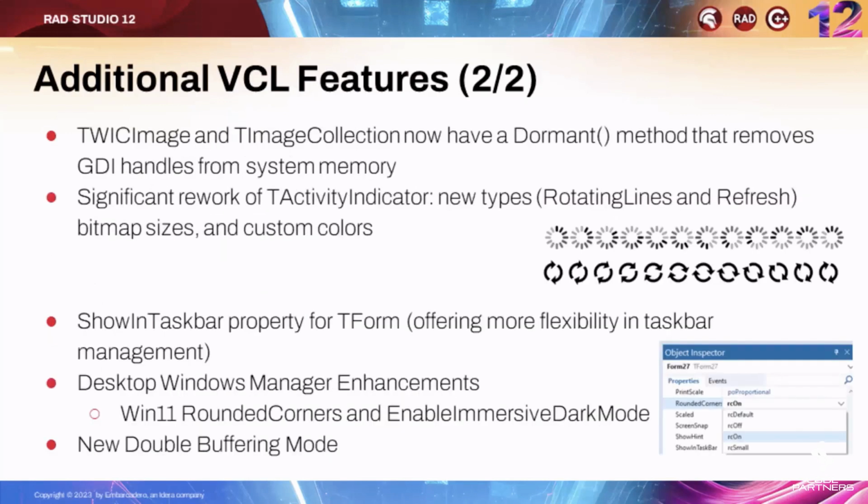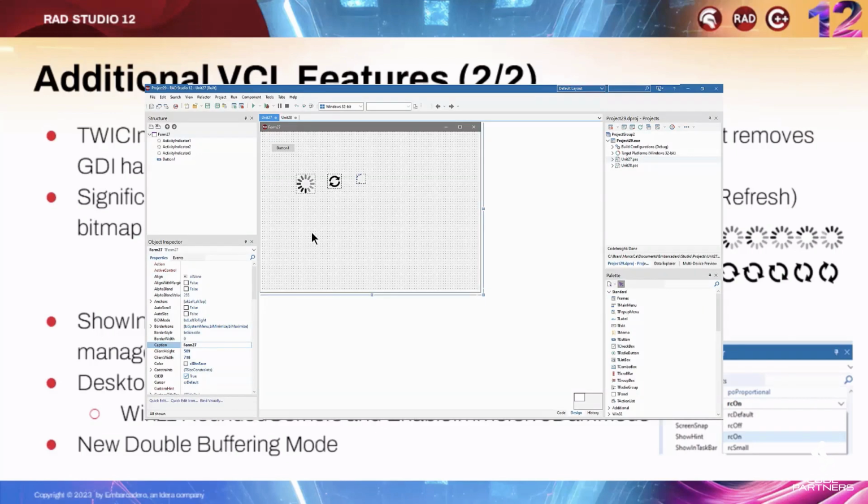The image and image collections have a way to disable the GDI handles if an image is not currently in use. That can save a lot of the GDI resources, which is still a scarce resource in Windows. We have added new activity indicator types, which you can see here. Ability to show a form in the taskbar independently of the form status.